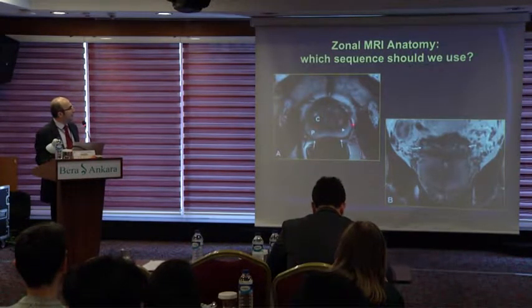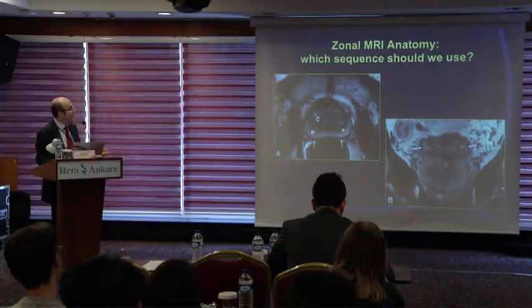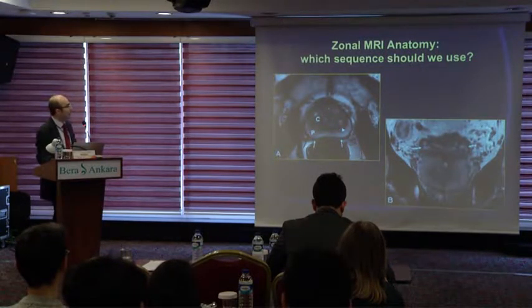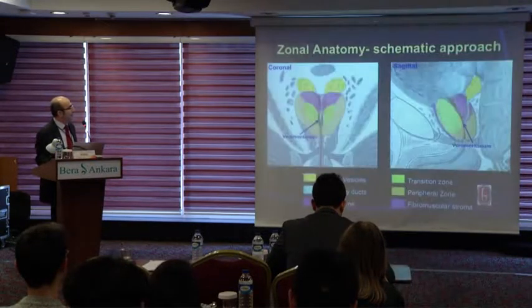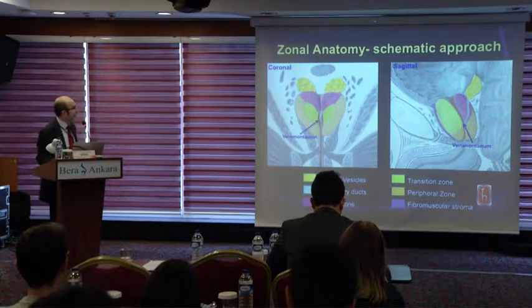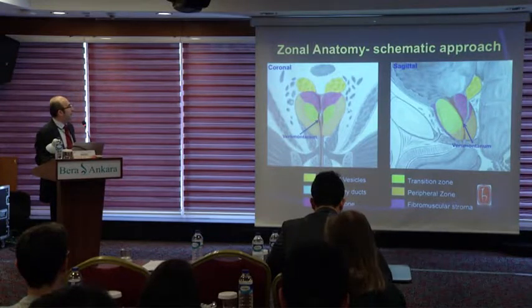So here we see the anatomy on MRI. We see the peripheral zone, this times white, as you see here, and the inner gland, composed of this transitional zone, central zone, and so on. This is heterogeneous usually. We also see seminal vesicles, and we do the scanning again in multiplanar evaluation.